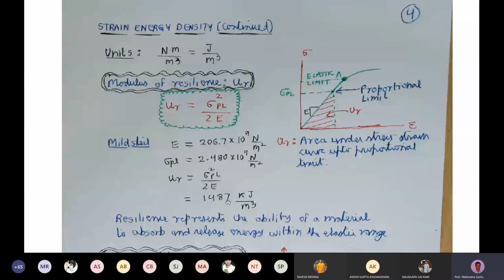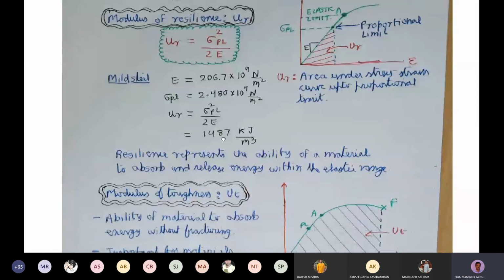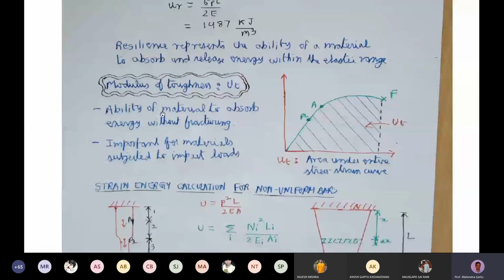If the material has a high modulus of resilience, it will retain its straight position and still withstand that impact. That is what is meant by resilience. And modulus of toughness means the ability of a material to absorb energy without fracturing. I'll come back to the bollard example when I discuss this.